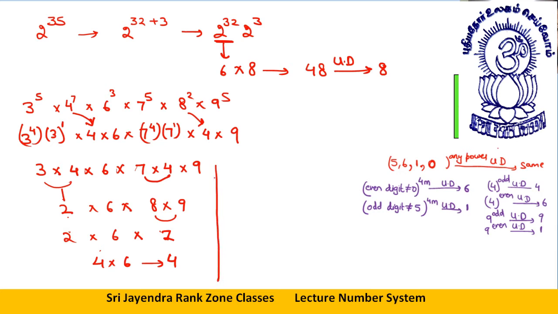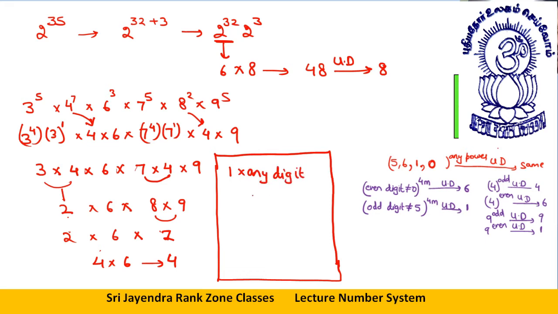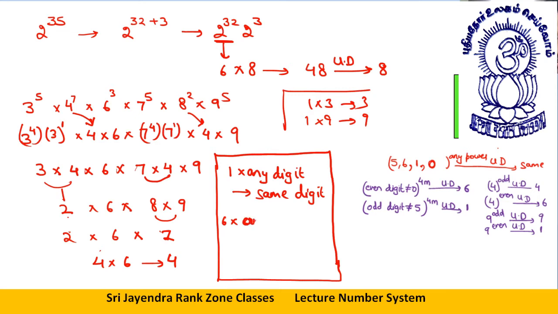Dear students, let me show you a very good thing. Please remember this always. See, 1 into any digit, the result is the same digit. You multiply 1 by 3, you will get a 3. You multiply 1 by 9, you will get a 9. Similarly, 6 multiplied by any even digit will give you the same even digit.